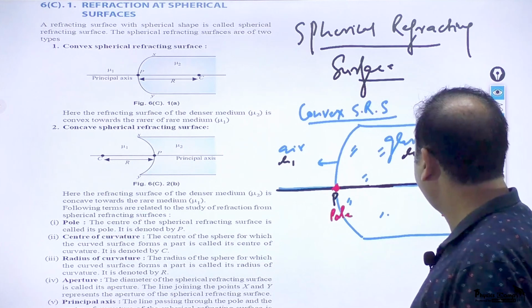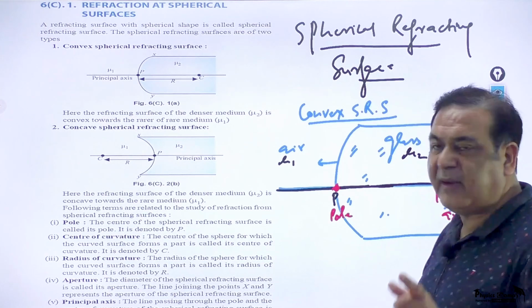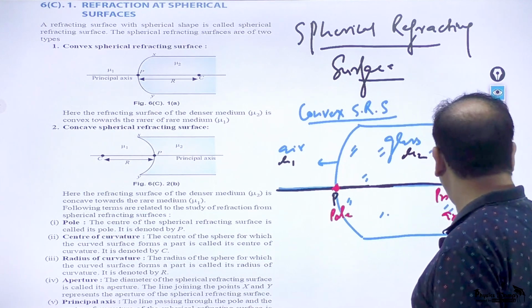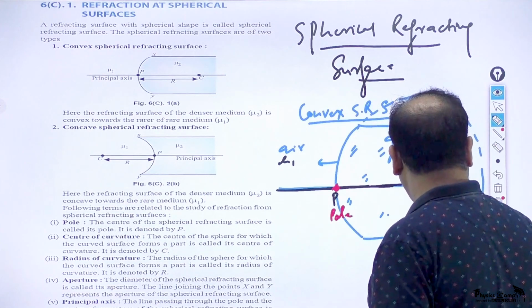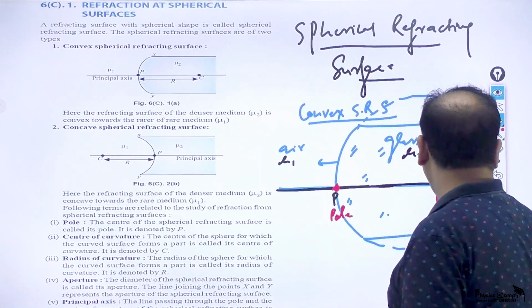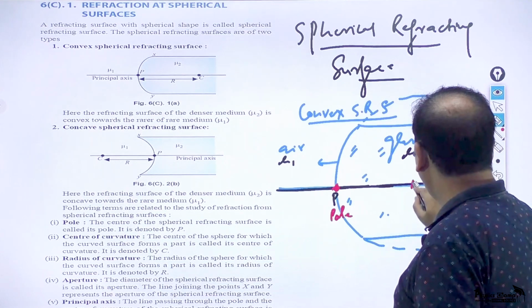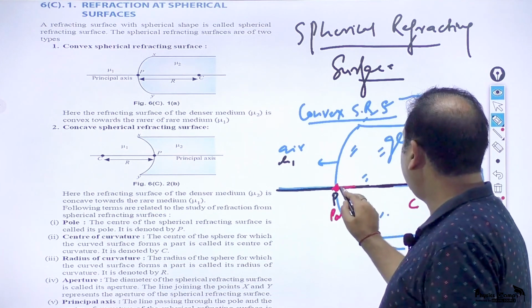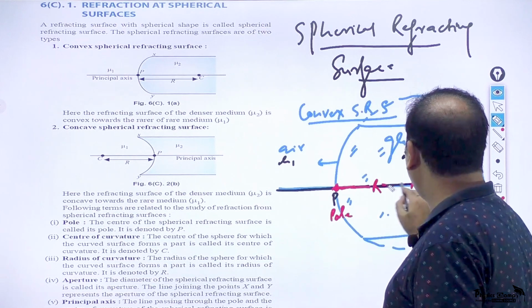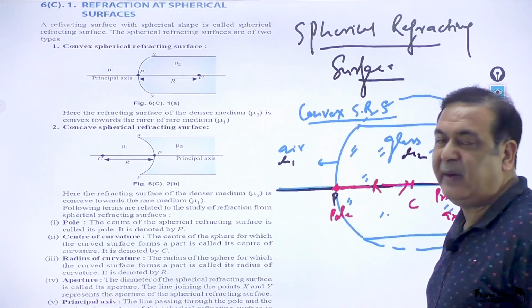And then we have a point called center of curvature. If we imagine that this is part of a sphere, then obviously the center of that sphere will be the center of curvature. And this distance of the pole from the center of curvature will obviously be the radius of curvature.